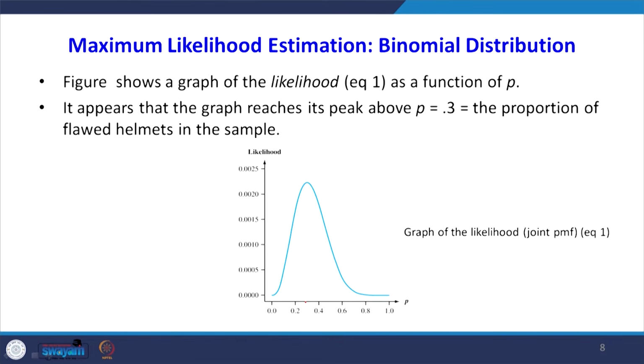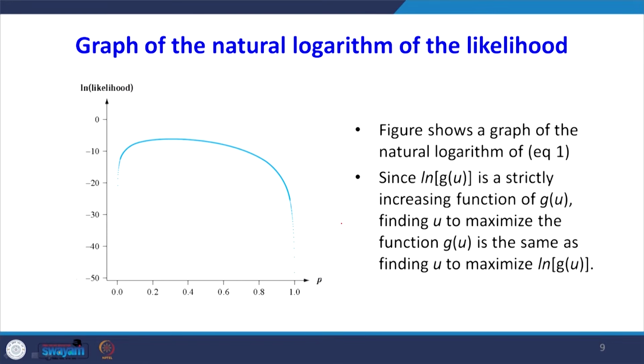Okay. Now what we are going to do is take the log of this function. I will explain the reason for that. The figure shows the graph of the natural logarithm of the likelihood, equation 1. Since the logarithm of g of u is a strictly increasing function of g of u, finding u to maximize the function g of u is the same as finding u to maximize log of g of u.